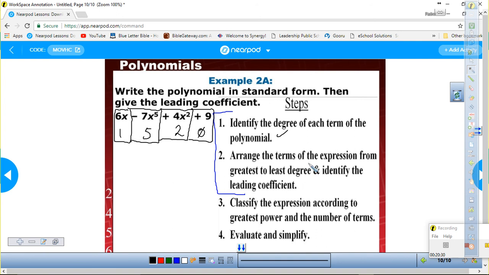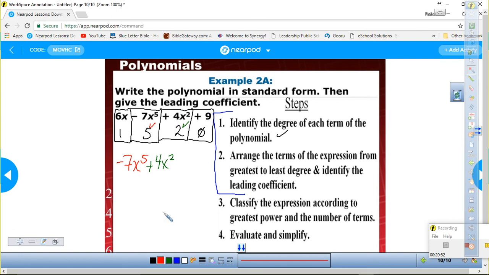But then it says arrange the terms of the expression from greatest to least degree. So my greatest degree is this one, which means I need to write this one first, negative 7x to the fifth. The next one after that will be this one, so I'd write plus 4x squared.